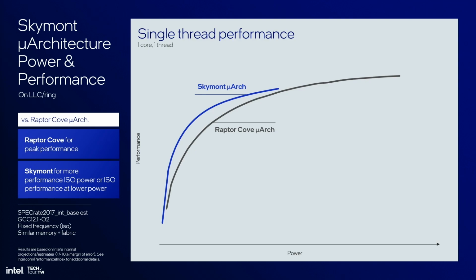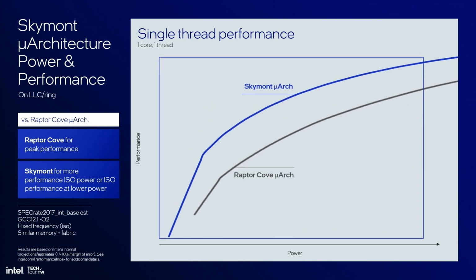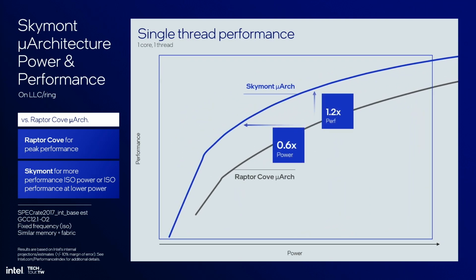So let's zoom in to power envelopes that are more likely for an E-core or in a low power island. 0.6x the power at the same performance level in that middle of the curve, or 20% higher performance at the same power level. This is what you're getting out of an E-core.